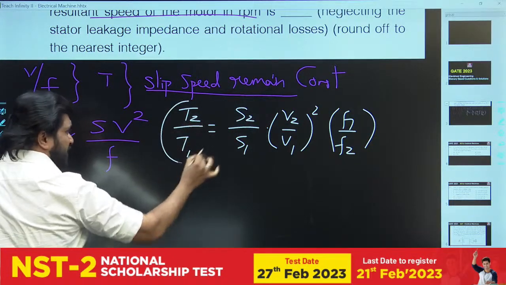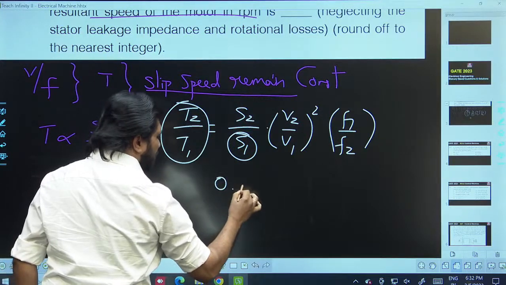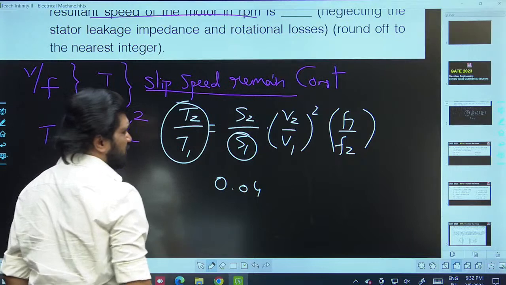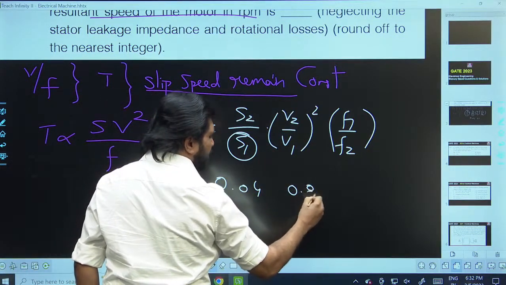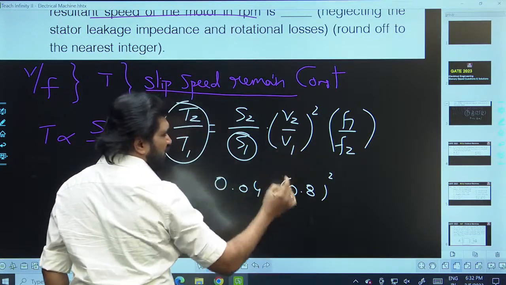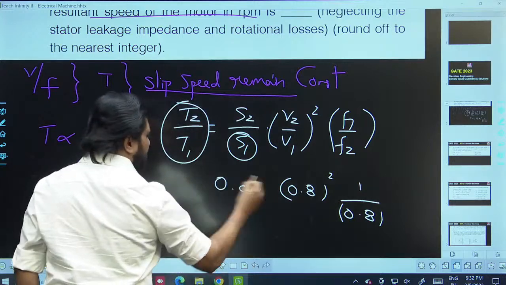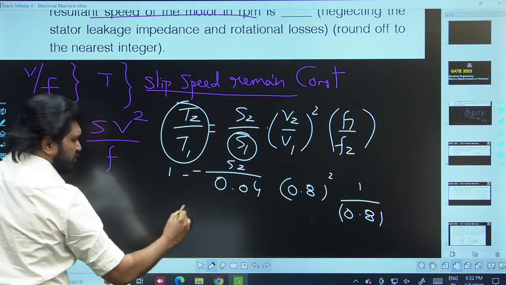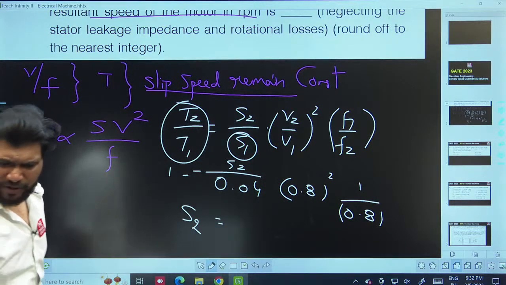As the question has constant torque, S1 is 0.04, because the speed is 960 and synchronous speed is 1000. V2 by V1 becomes 0.8, squared. F1 by F2 becomes 1 by 0.8. If you substitute like that, you can find the S2 value. S2 will be 0.05.